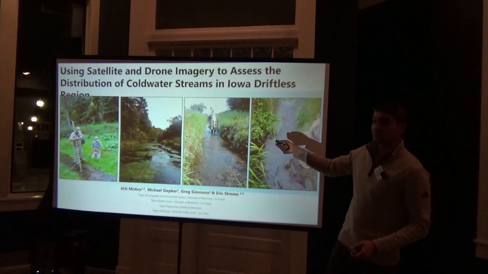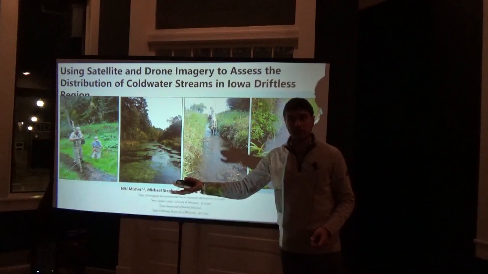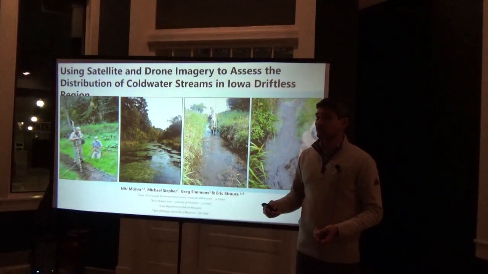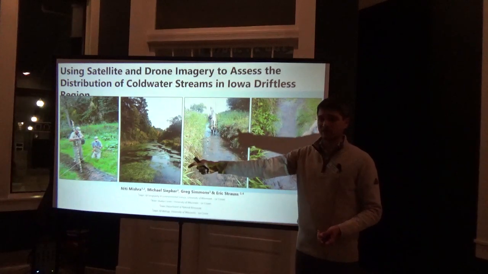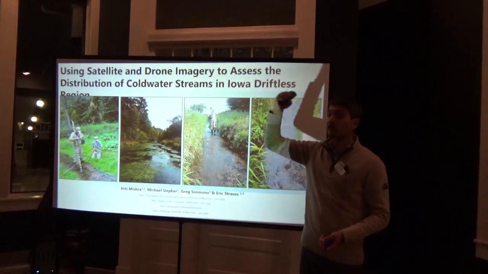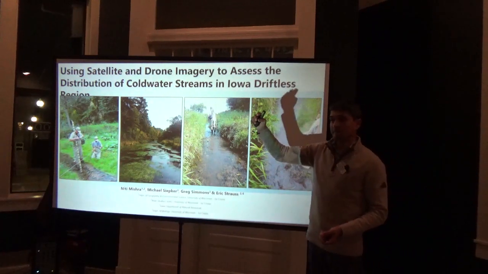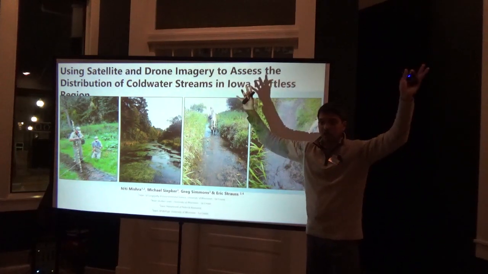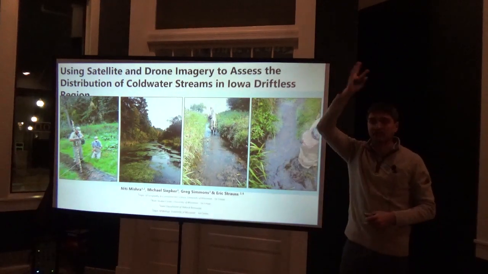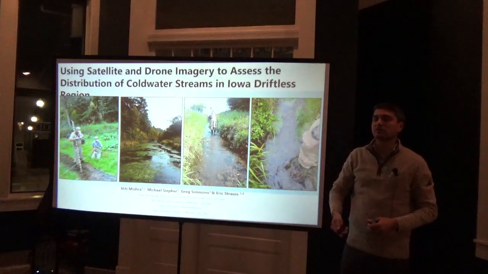Now, another application is mapping trout streams. Can we map trout streams, and maybe there are some trout streams which are not designated as trout streams? Can we identify that at watershed scale, not one watershed, but like 5 watersheds, 10 watersheds, 20 watersheds? So if you want to do that level of analysis, you have to use satellite imagery, right?